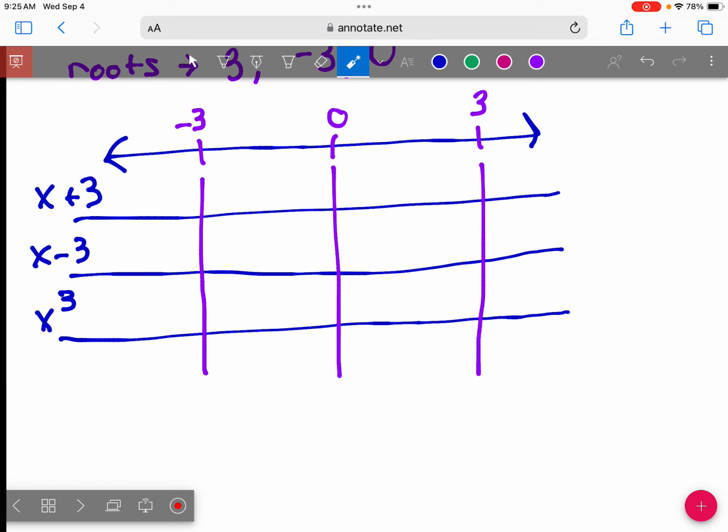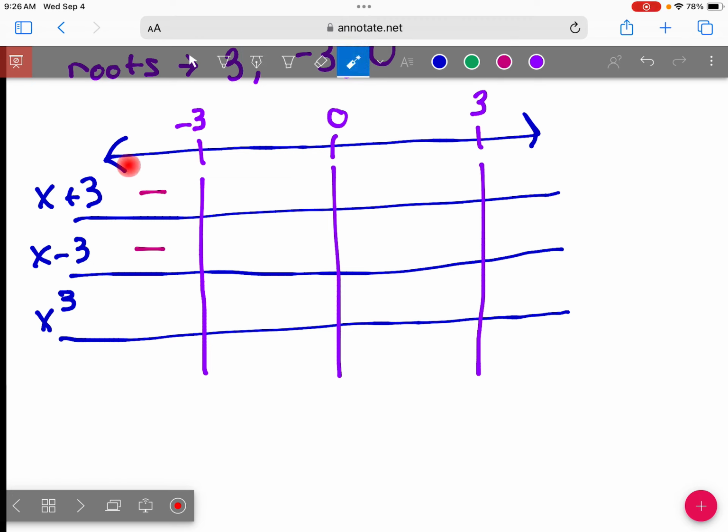So let's fill in our positivity table. If we have a number smaller than -3, is this piece going to be positive or negative? Negative. If we have a number smaller than -3, is this positive or negative? -3 minus 3? Or even if it's -4, because we need smaller than -3, right? It's a negative value.